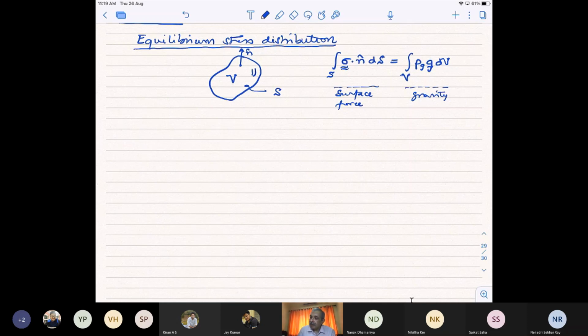Now, if I apply the divergence theorem, which we briefly looked at, onto the left-hand side of this equation, the divergence theorem converts a surface integral into a volume integral. So then we get a volume integral, and this sigma dot n just becomes divergence of sigma over the volume.